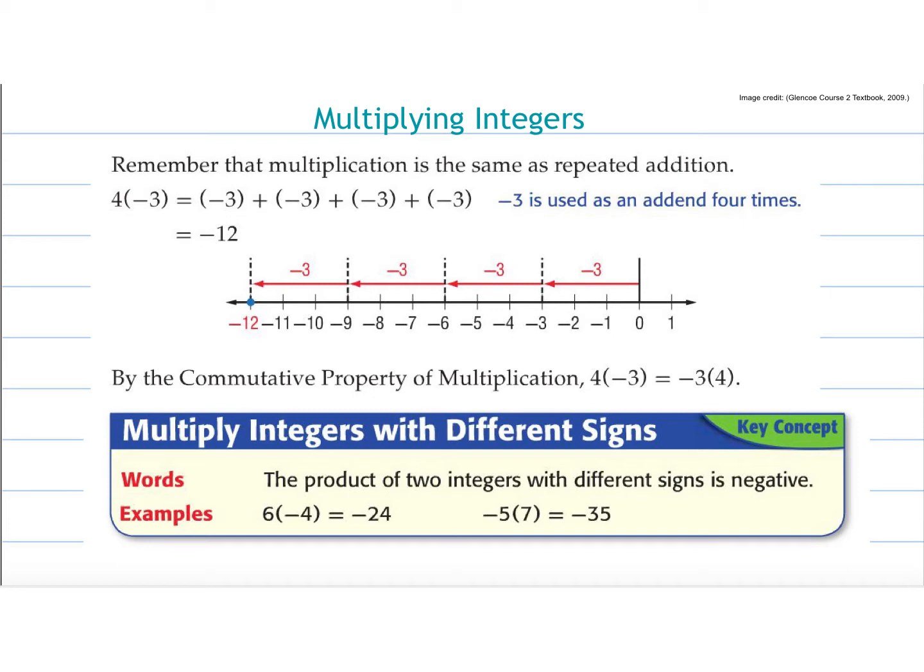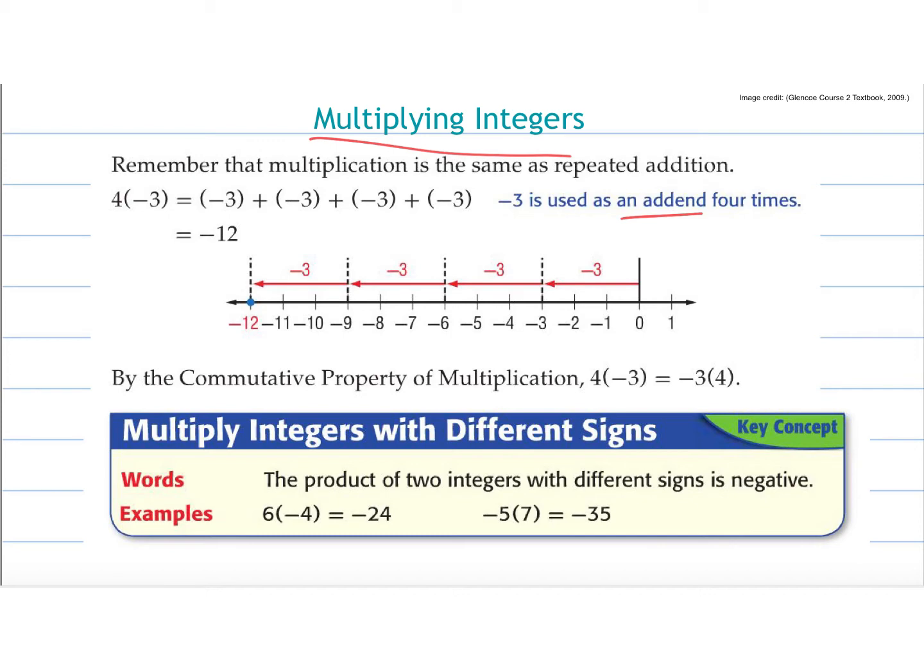Multiplying integers, so that's our little subheading here. Remember that multiplication is the same as repeated addition. So if we had 4 times -3, that just means we're taking -3 and adding it 4 times over.